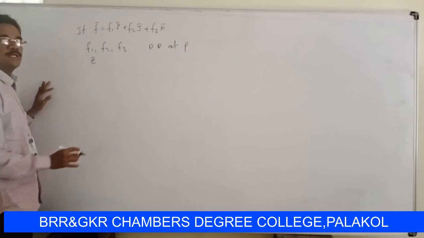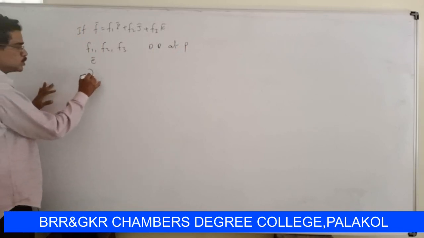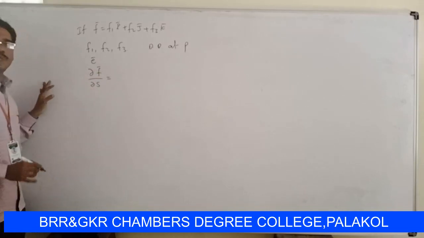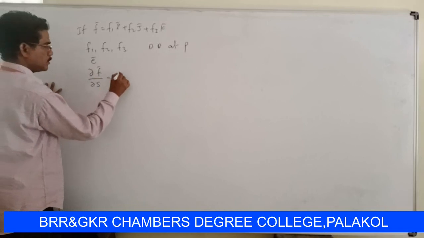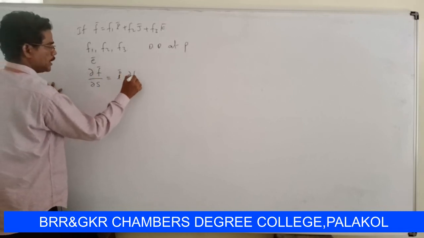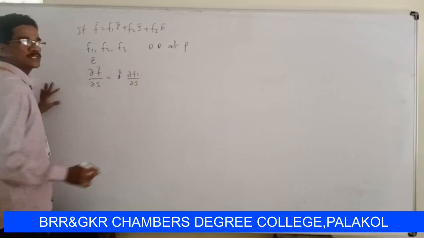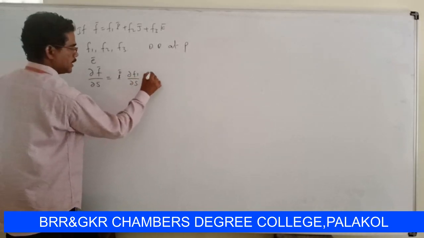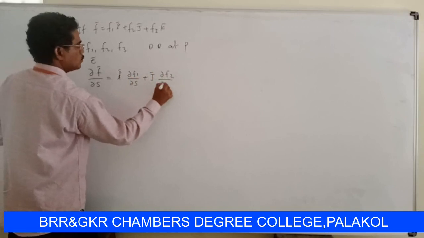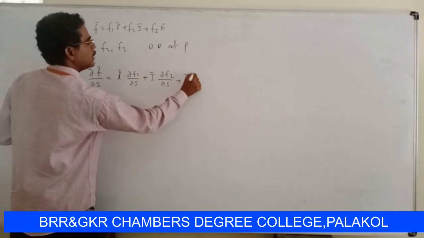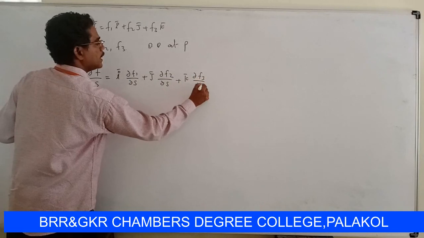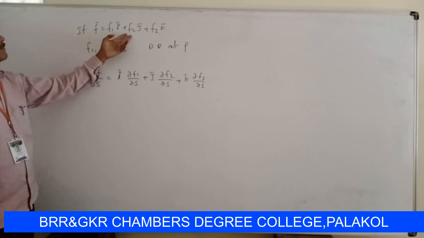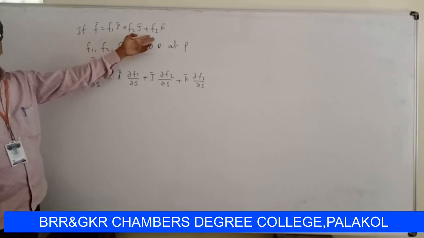Then ∂f/∂s equals i ∂f1/∂s plus j ∂f2/∂s plus k ∂f3/∂s.